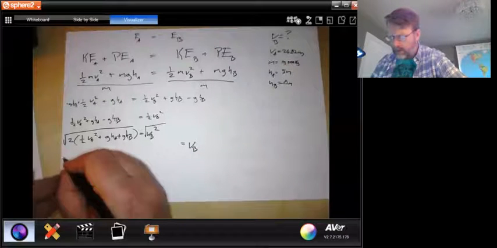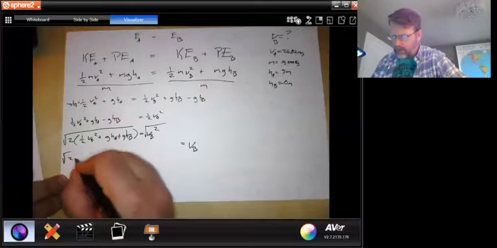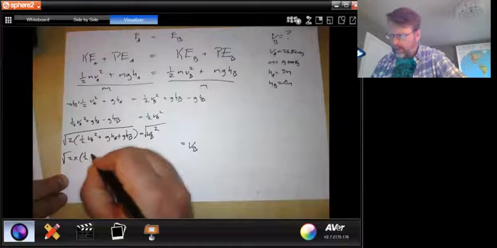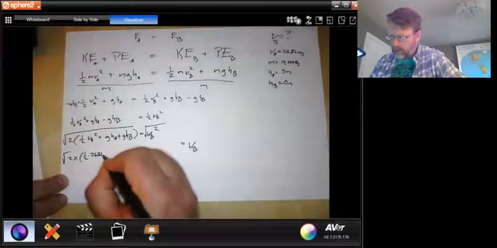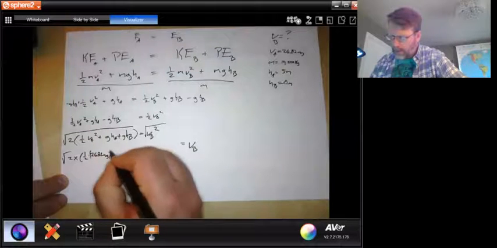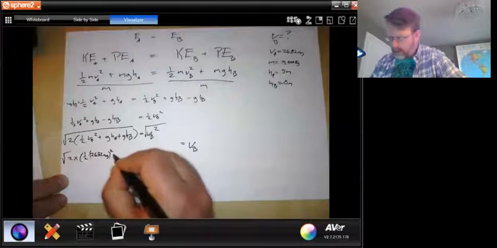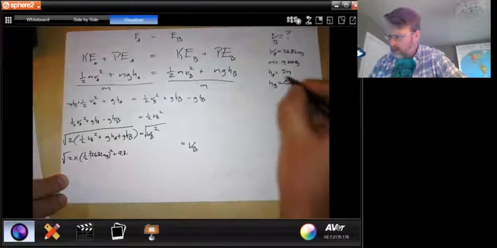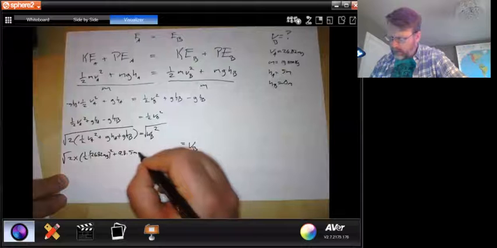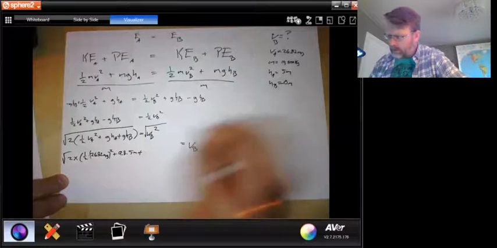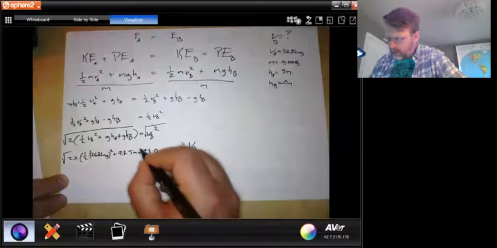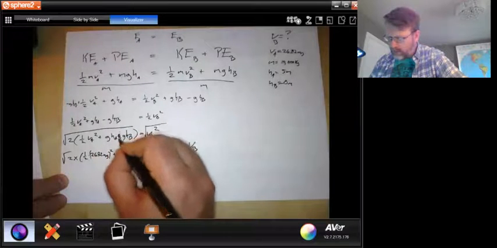So now I can take the square root of 2 times 1/2 VA, 26.82 squared plus 9.8 times 5 meters plus, remember this was 0, 9.8 times 0, which should have been subtracted, by the way.